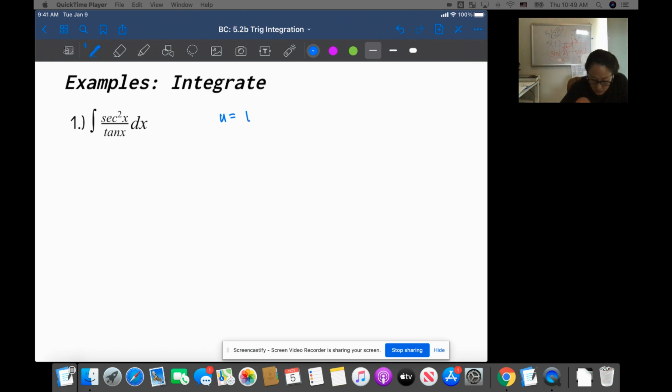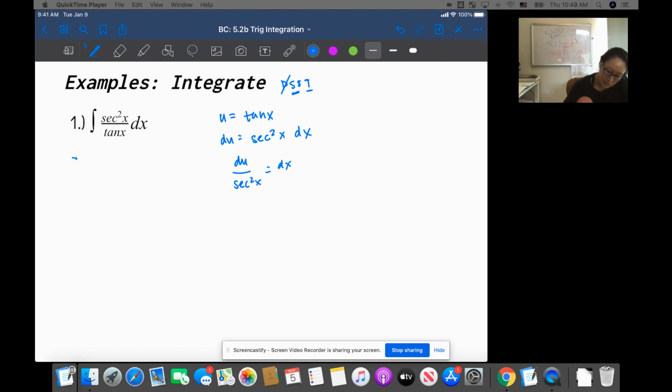Okay, so if u is equal to tangent x, du is equal to, I use my power rule, and then the derivative of tangent is secant squared. I have an extra dx here. Okay, secant squared x dx, so du over secant squared x is equal to dx.